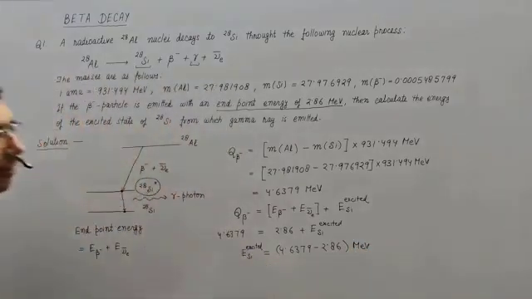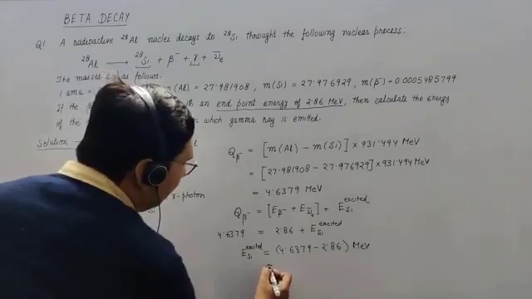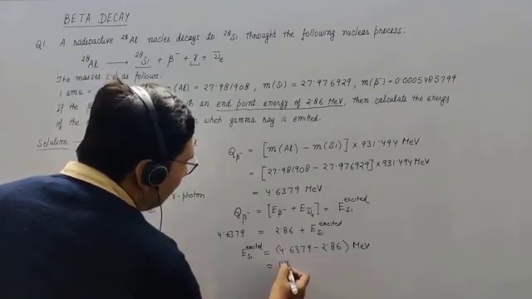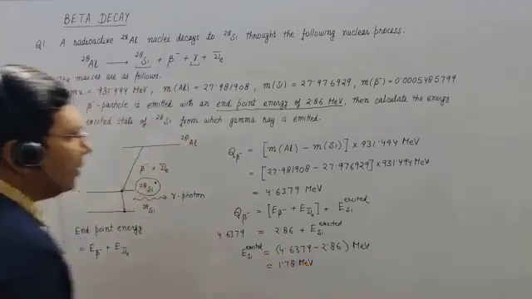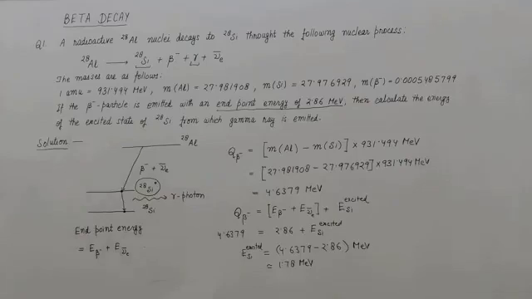Find out this value. It will be nearly 1.78 MeV. So this is the answer to this question, the energy of the excited state of the 28Si nuclei.